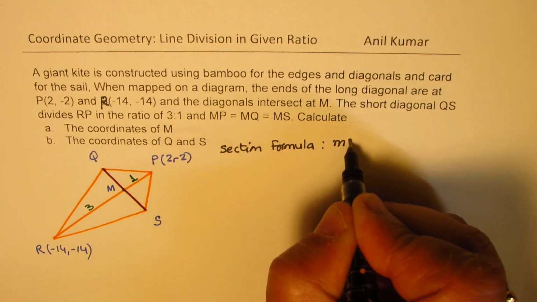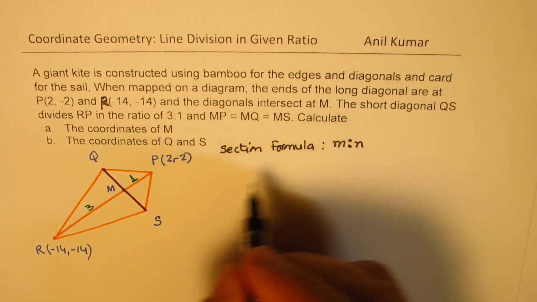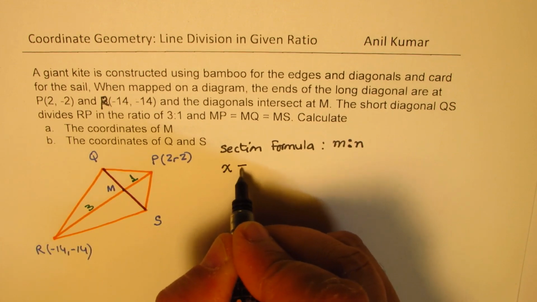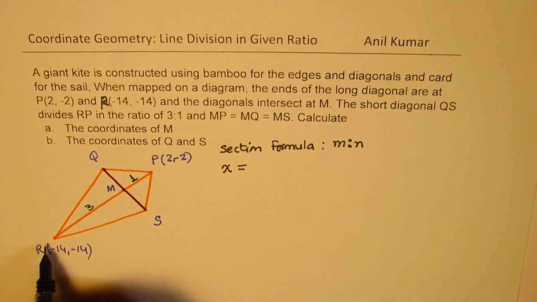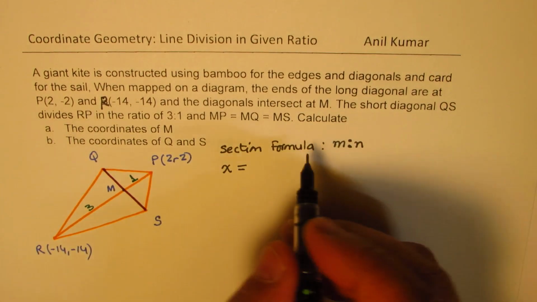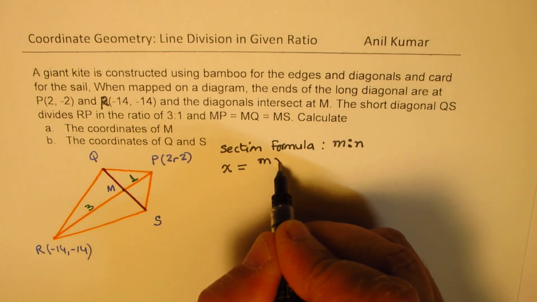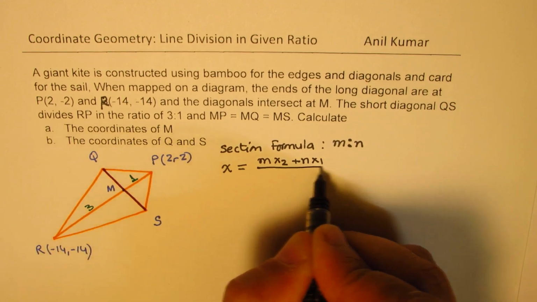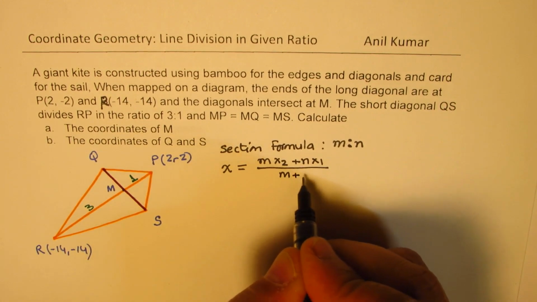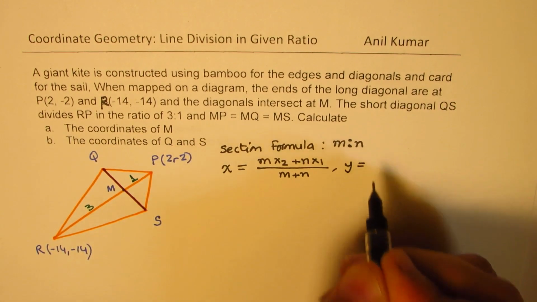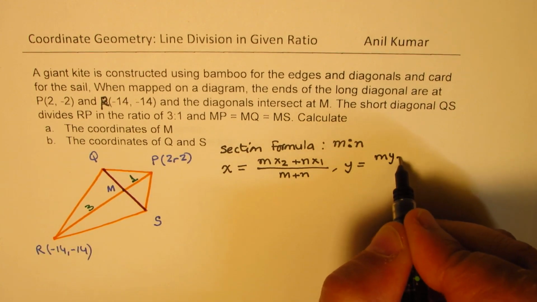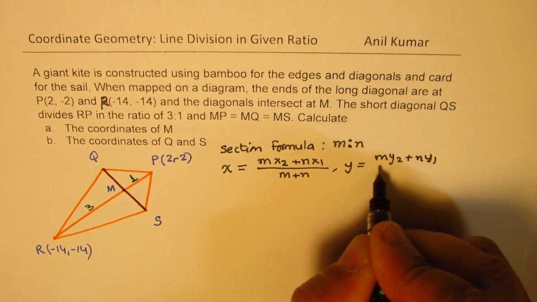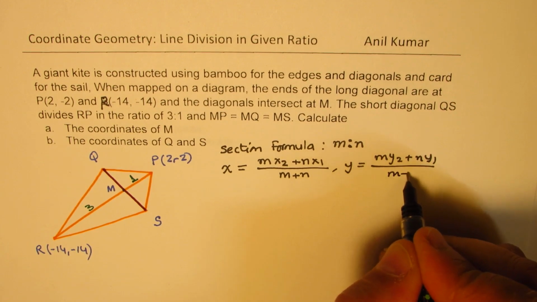If it is m to n, in that case the value of x is, we are using this as x1, that is x2. So the formula was m times x2 plus n times x1 over m plus n. And the y coordinate value will be m times y2 plus n times y1 over m plus n.